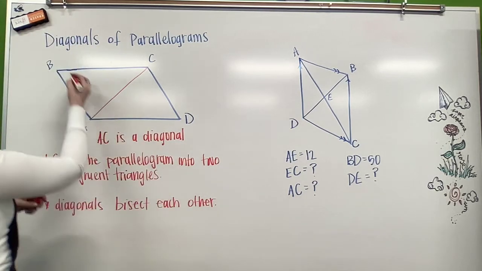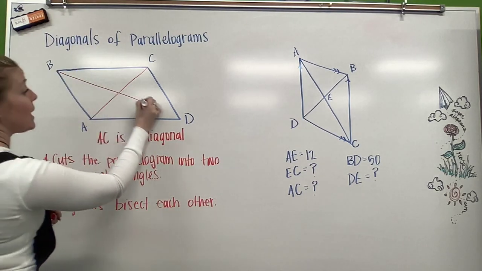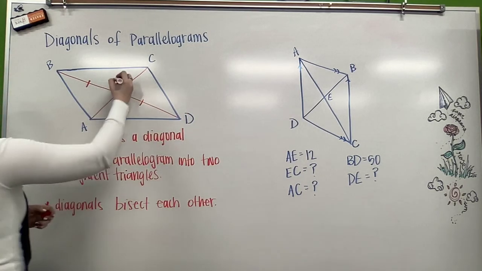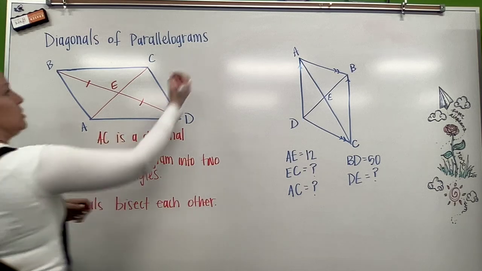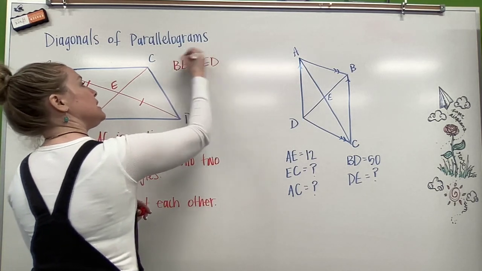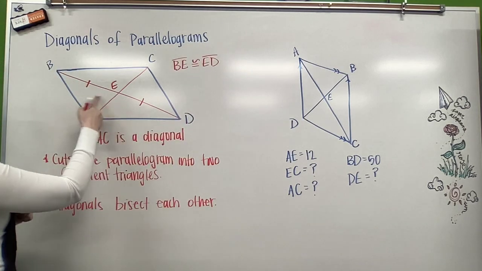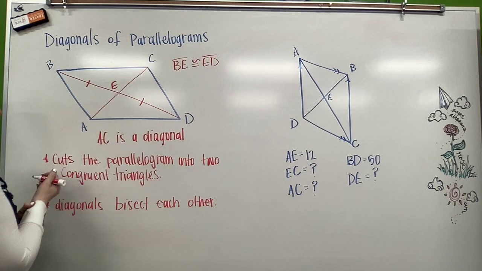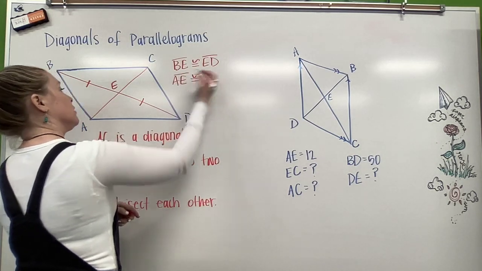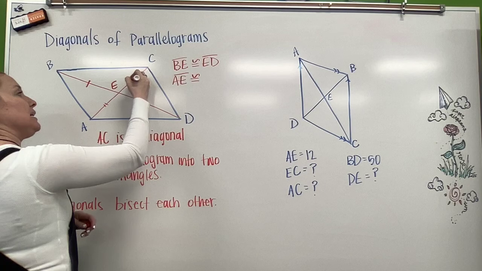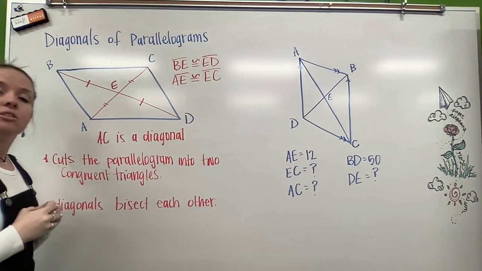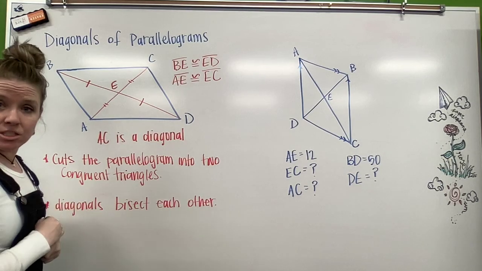So if I draw my second diagonal, we'll call this E. So BE is now congruent to ED, cut in half by the other diagonal. AE is also congruent to EC. Okay? So those diagonals bisect each other.